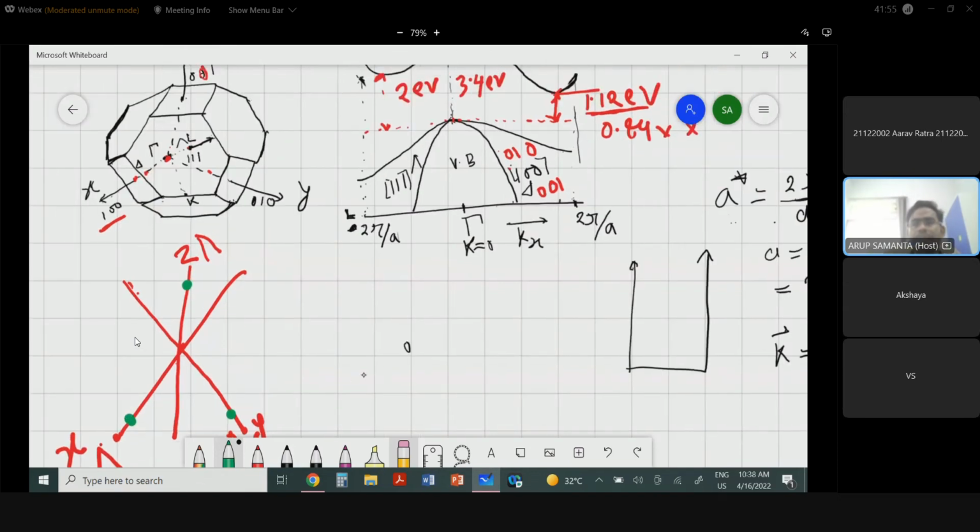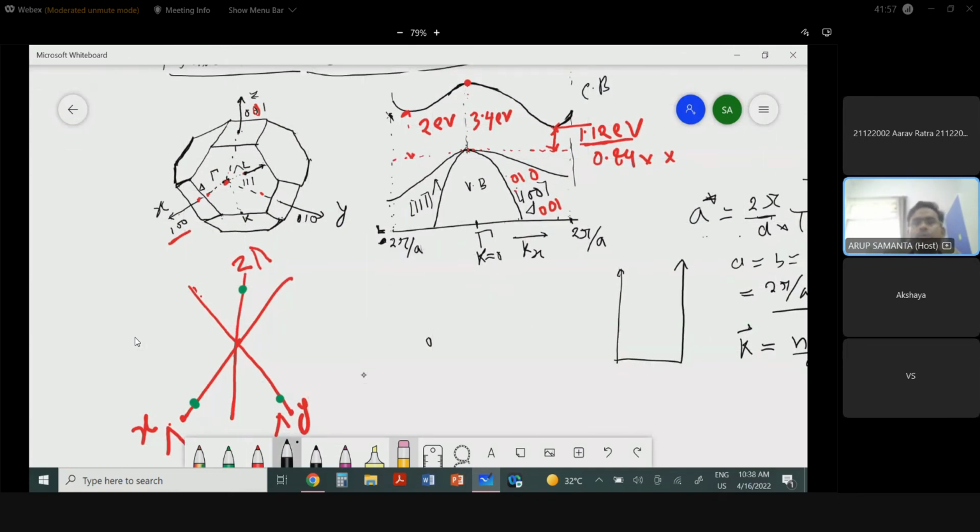Similarly, you can get it along the 111 direction. If we consider this L point is the 111 direction, the other points here, here, and here you can get. This one is also the 111 plane.